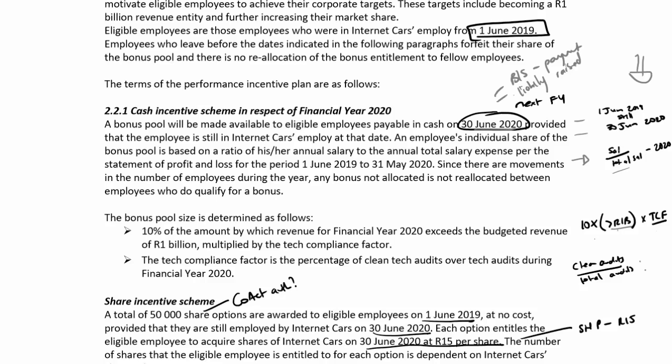So I'm going to go and inspect the minutes of meetings where this scheme was decided and agree all these terms were what was recorded in those minutes.